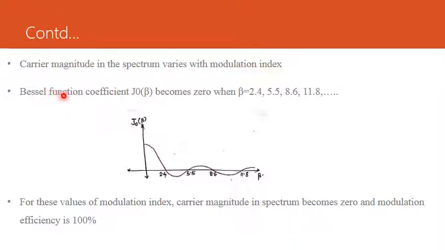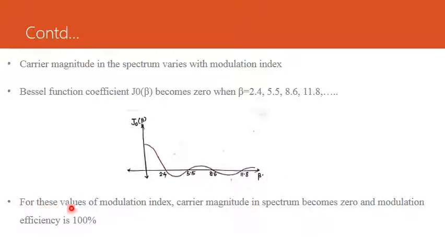The Bessel function coefficient J0 of beta becomes 0 when beta is equal to 2.4, 5.5, 8.6 or 11.8. In this diagram, J0 of beta becomes 0 for these beta values.